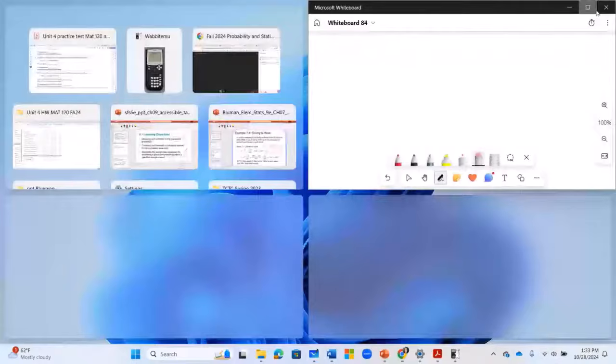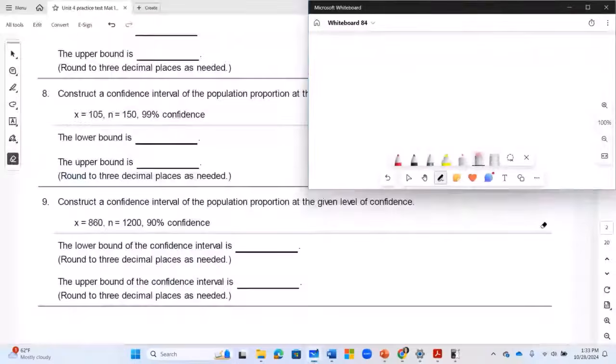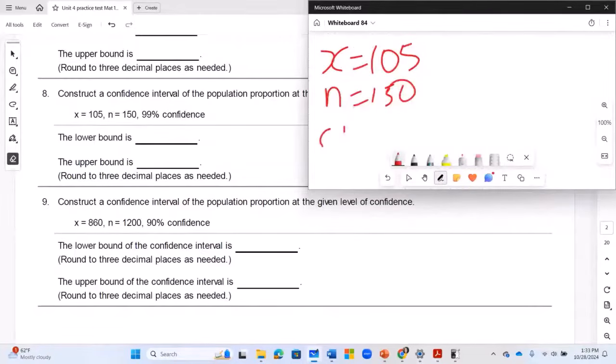I am given X, the number who showed up, the number of successes. The sample size is 150. The confidence level is 99% or 0.99. So I'm told to calculate the confidence interval.